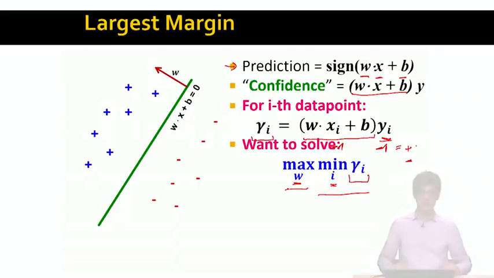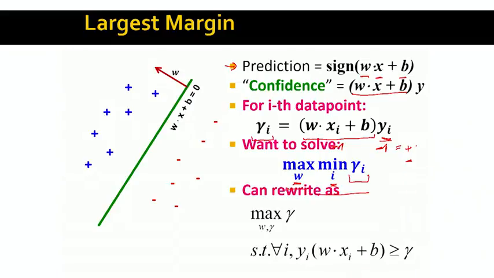We can write this down as an optimization problem and say that our goal is to find gamma such that for every training example, the margin of this training example is at least gamma. We want to find the largest possible margin such that all the training examples have margin greater than gamma, and by finding such gamma, we are implicitly finding the W that achieves this large margin.